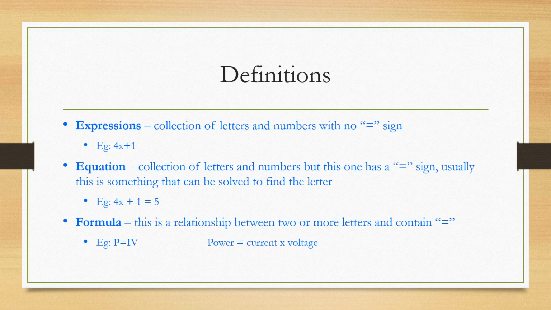An equation is something that changes depending on the question, while a formula is something that's either given to you or a proven fact. For example, here it is a proven fact that power does in fact equal current multiplied by voltage. So that's a formula.